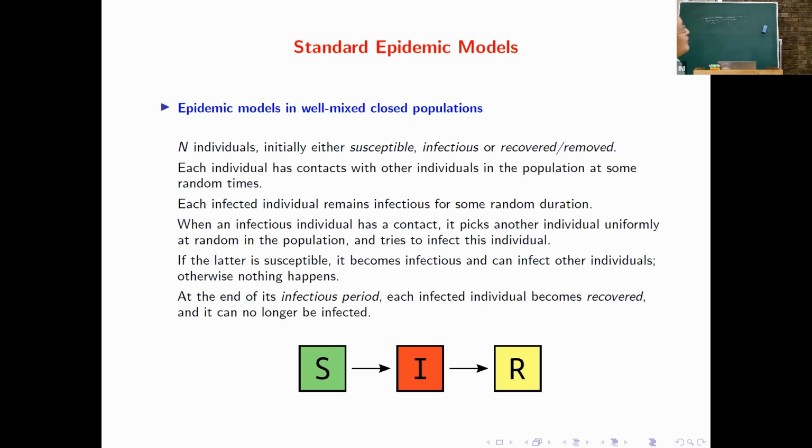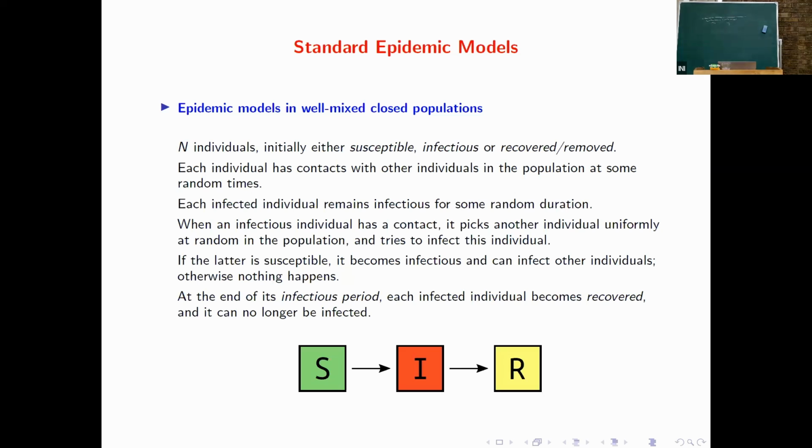So, the standard epidemic model. We consider a homogeneous population, so well mixed. Suppose there are n individuals. They are initially either susceptible, infectious, or recovered, or removed. Each individual has contacts with other individuals in the population at some random times, and each infected individual remains infectious for some random duration.